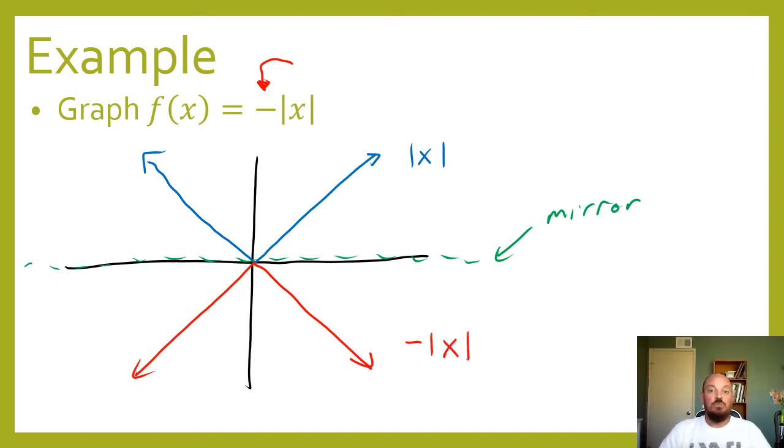So right there in blue is absolute value of x. We just learned that graph in part 1. And in red is negative absolute value of x. If you take the absolute value function and you multiply it by a negative, it turns the x-axis into a mirror and flips it upside down.